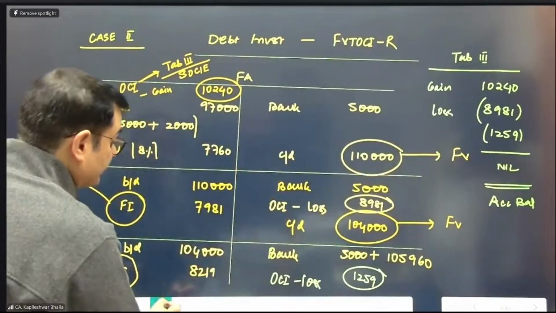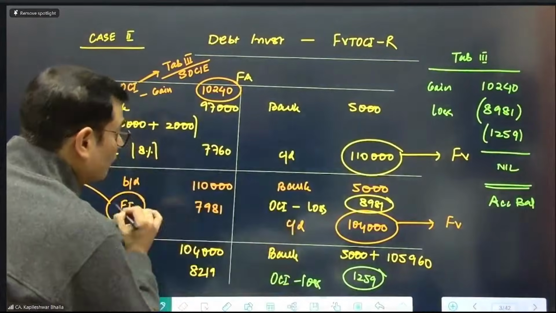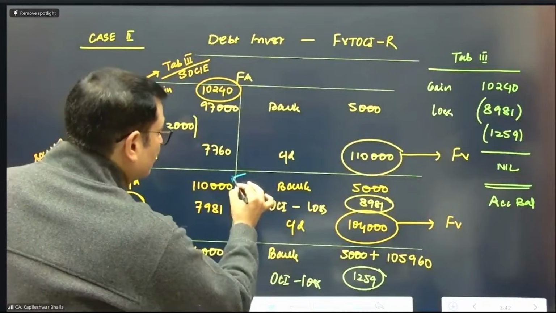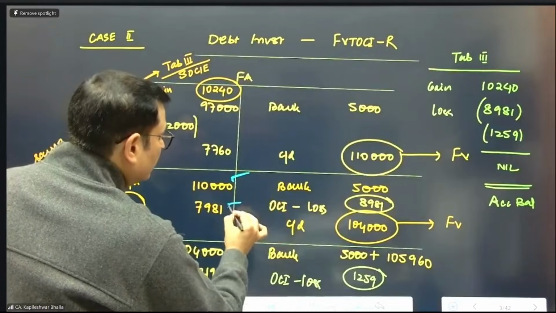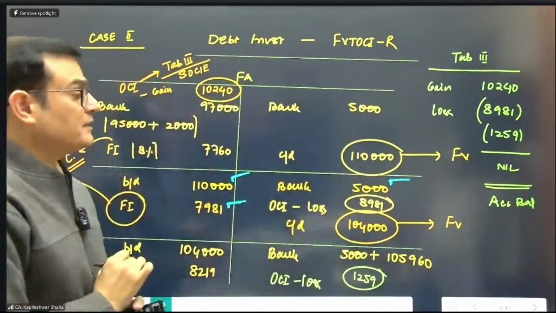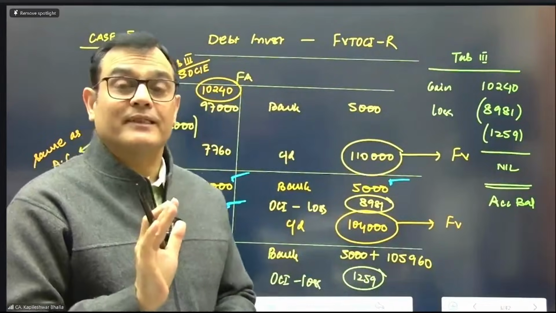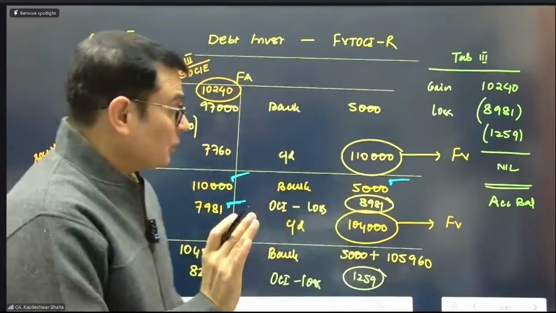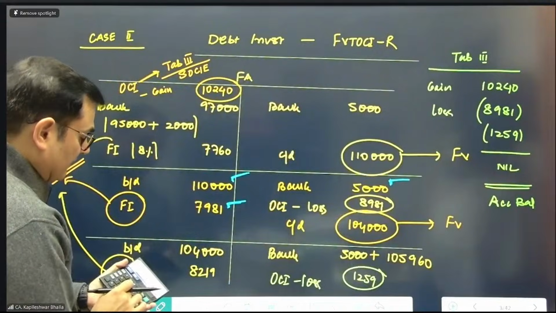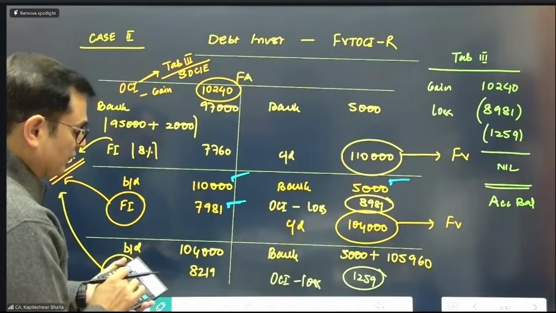To get the book value at the end of the second year in terms of OCI, you take this 1,10,000 plus 7981 and minus this 5.